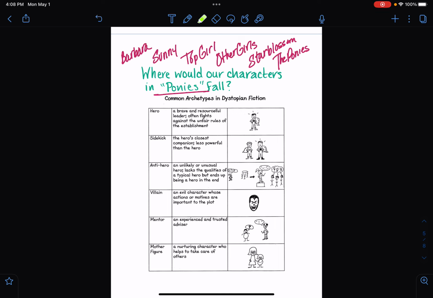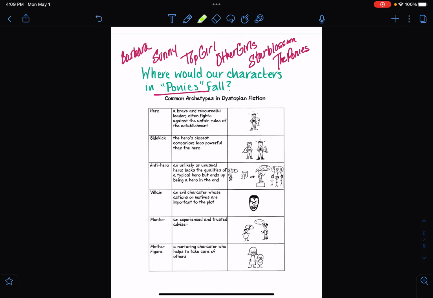She's definitely giving me more villain vibes, just because she is the one who pushed the agenda of everything and had the party at her house. But then maybe you could almost even say that she might be the mother figure, because she is ushering the next generation into the thing that is normal to all of them, because remember, we have to suspend our judgment. It might be normal.